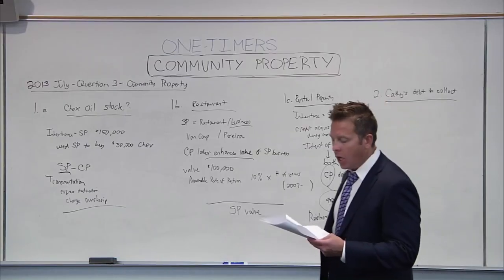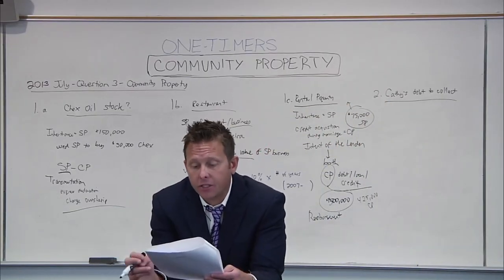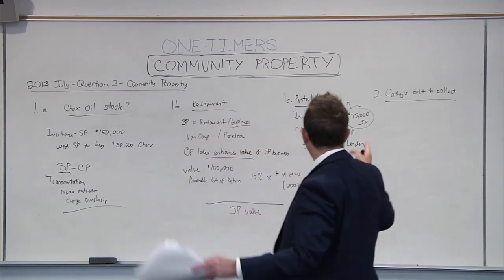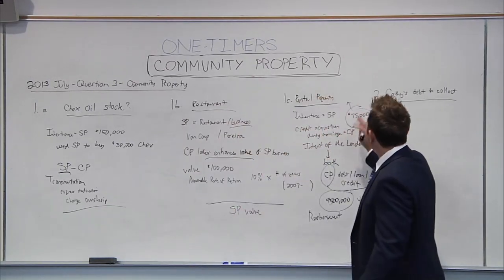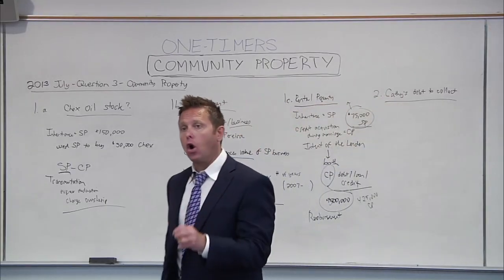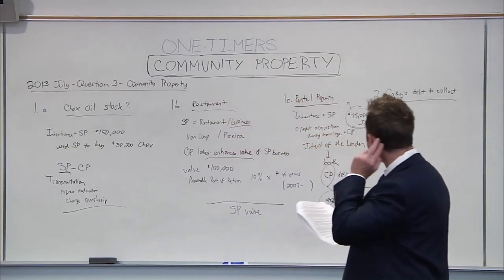You have to do a percentage, which would be $75,000 into $500,000, which means the community would own an 85% interest, and that he would only have a 15% interest because his separate property put the down payment on the home, but the home's separate property, so that argument's probably not going to work.